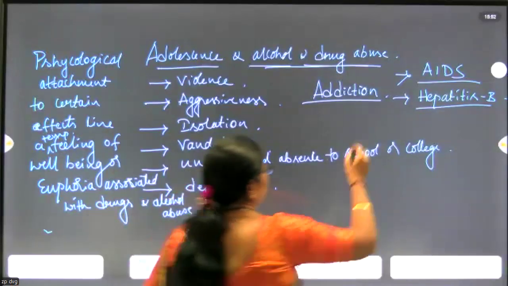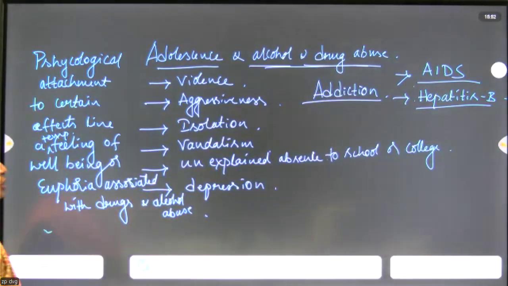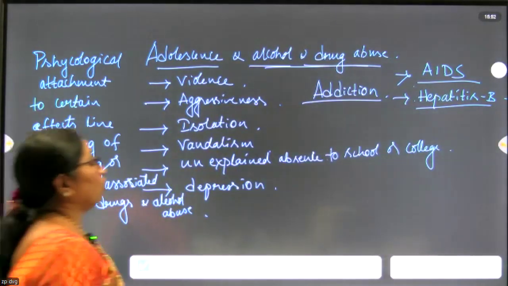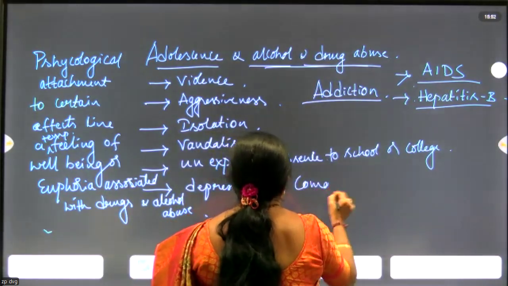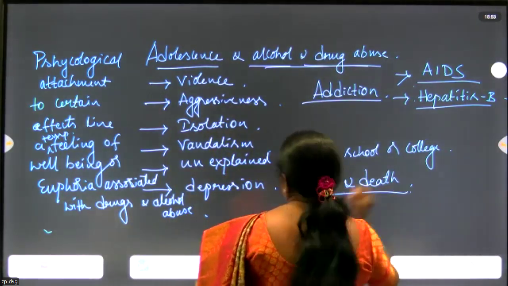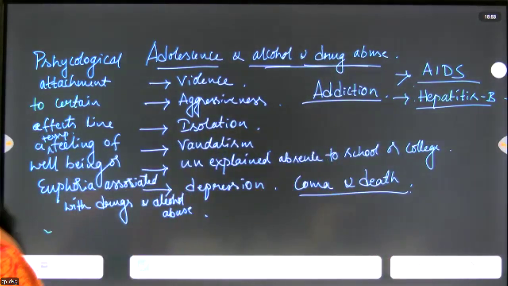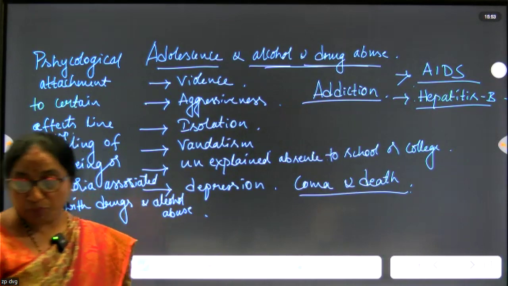So he may become susceptible to certain diseases like AIDS and hepatitis. Excessive use of alcohol and drugs may finally lead to coma and death. These are some things related to adolescence and alcohol and drug abuse.